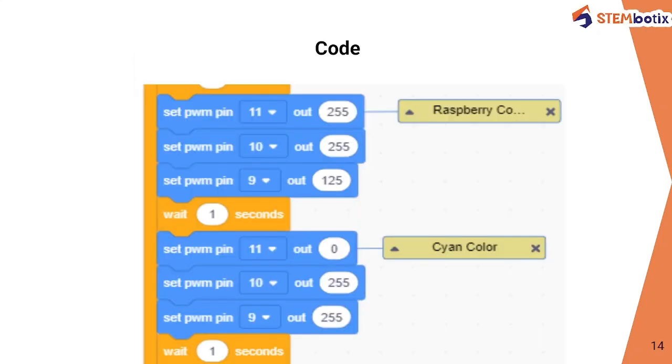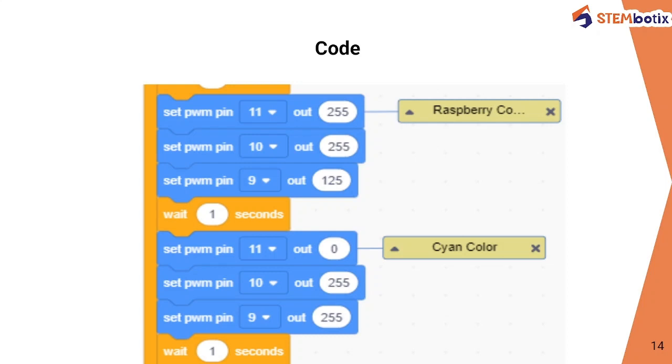Let's see some other part of the code. Let's move forward. If we need a raspberry color, we need to go to the primary colors.